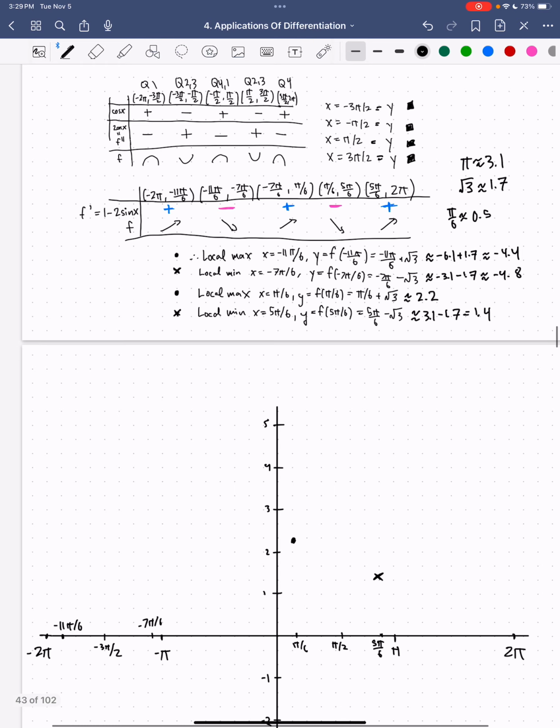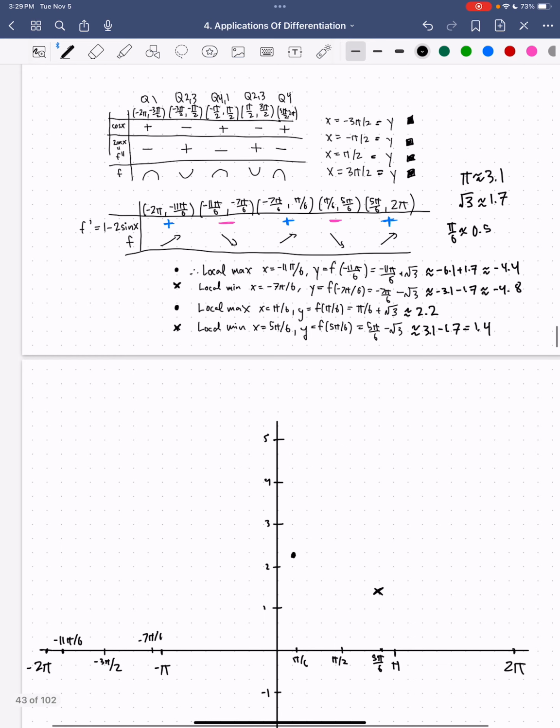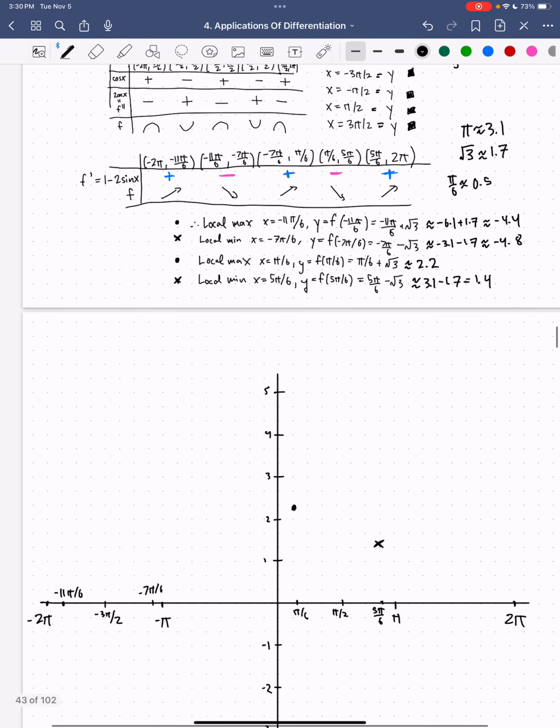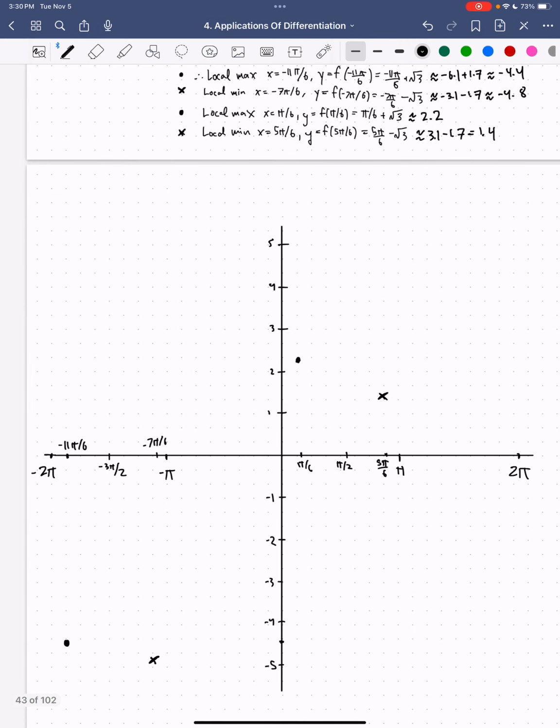Okay, so negative 3 pi over 2, and y is negative 3 pi over 2. If we say that pi is 3, it's 3 plus 1.5, so 4.5. So we have negative 4.5 and 4.5. So here, this is our first inflection point.